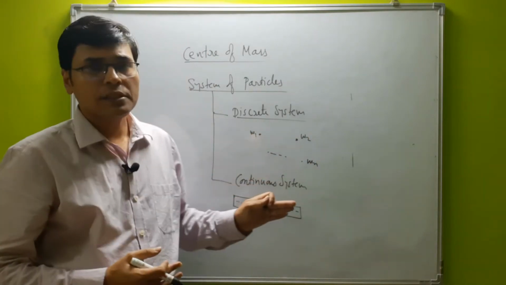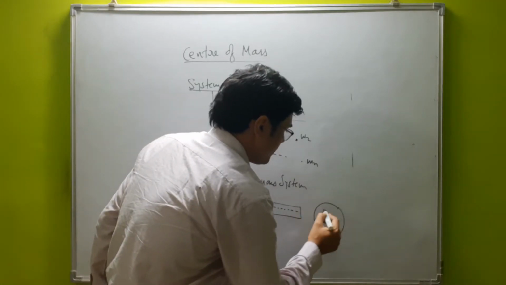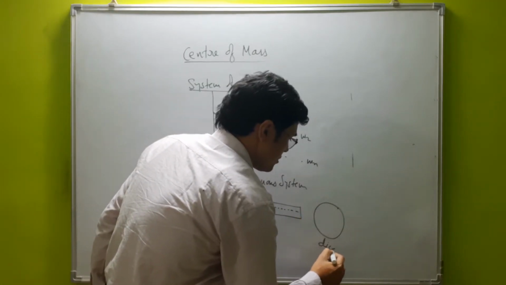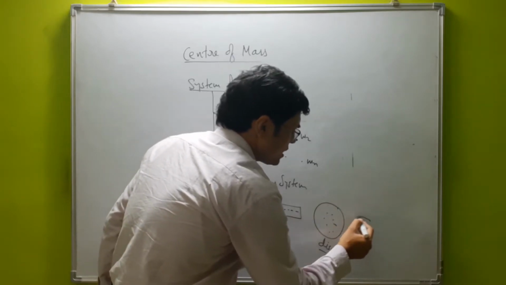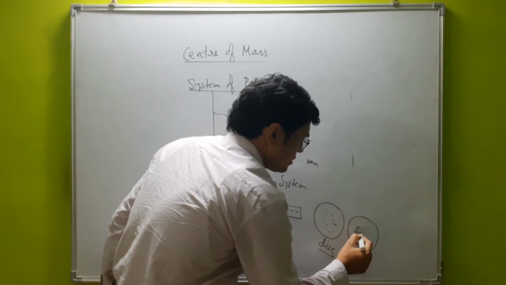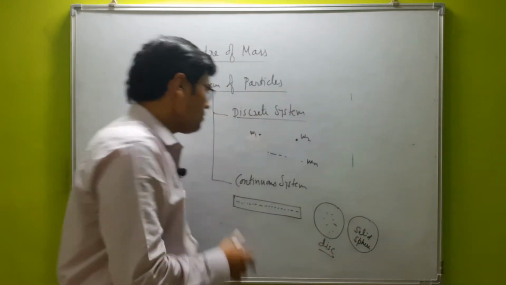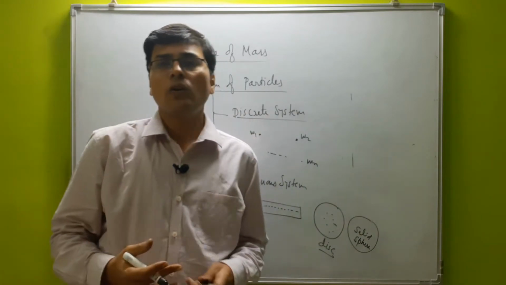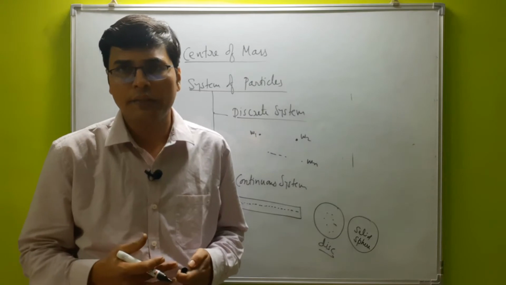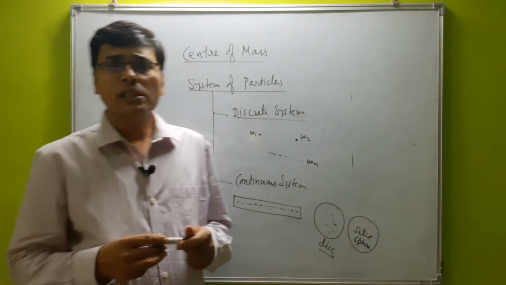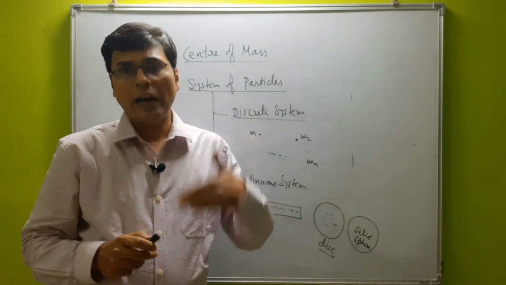And in a continuous system, for example, a rod or a disc, or a solid sphere, hollow sphere, all these are examples of continuous systems in which all the particles are associated with each other, or connected with each other, right?